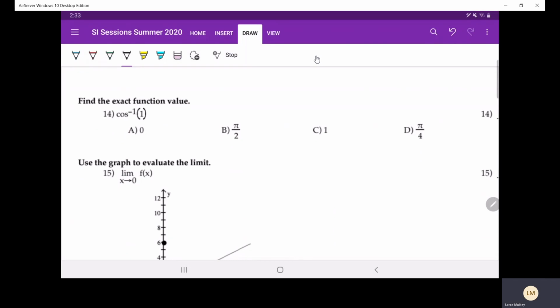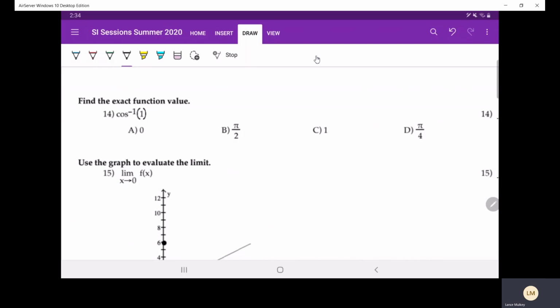So we're looking for the inverse cosine of 1. So cosine of what value gives you 1? And that would be pi. Wait, what? Never mind.